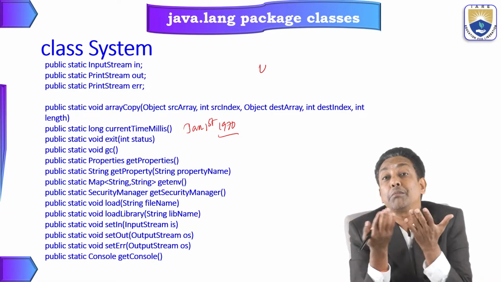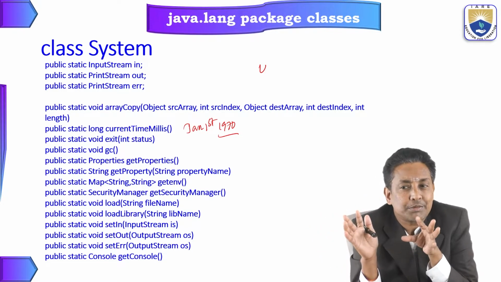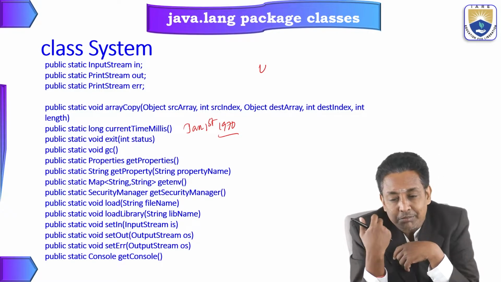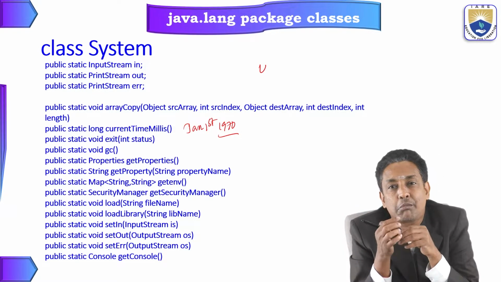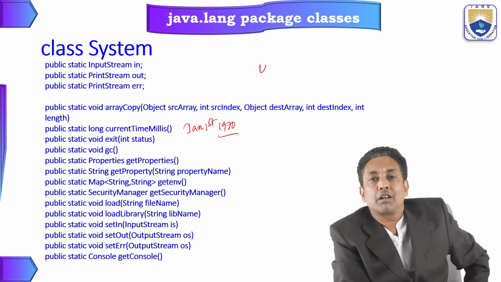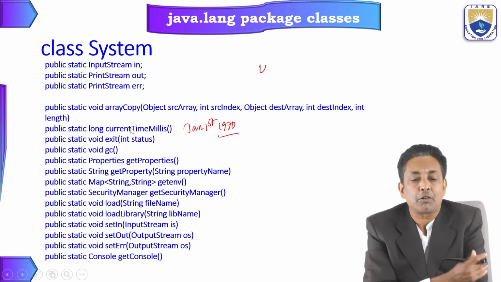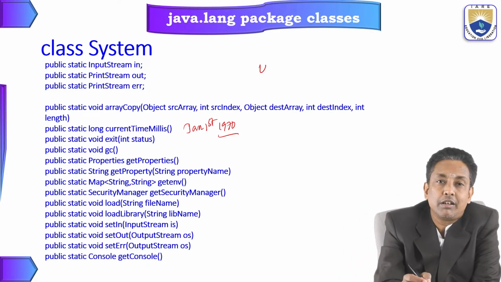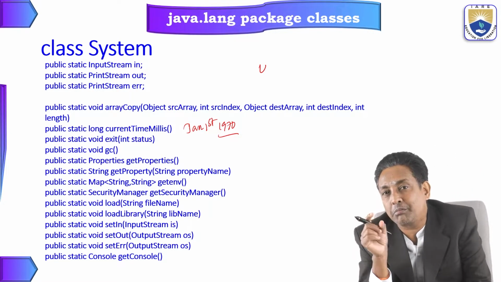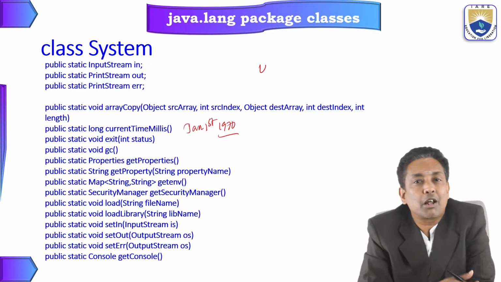Suppose you want to terminate your program abruptly because some exception was raised or some situation occurred in the Java program from which you cannot execute further, then how do you exit from the program? To exit, you write System.exit of 0 or -1. That indicates whether your program is terminating normally or abnormally.